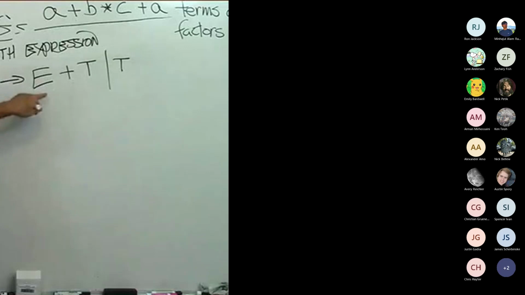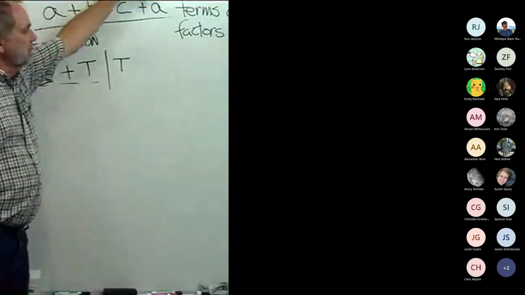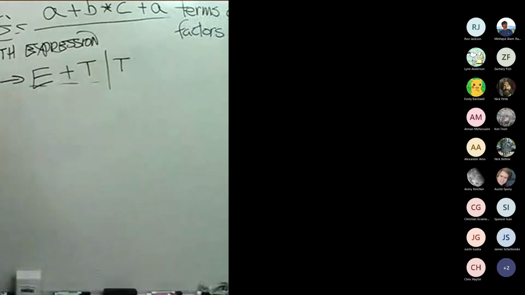An expression is a sequence. We can replace this E with an E plus T, and we could replace that next one with an E plus T. So what we can derive from just this is a series of terms that are added together. We haven't done the multiply yet. Are you with me?